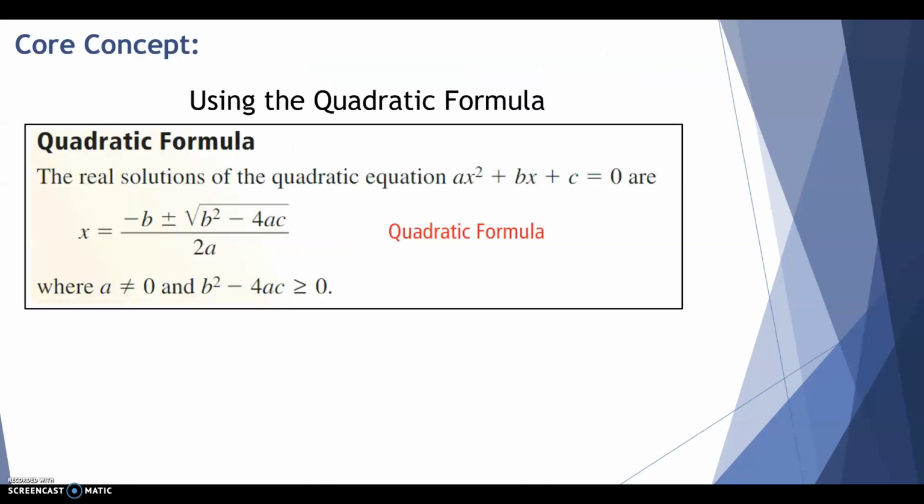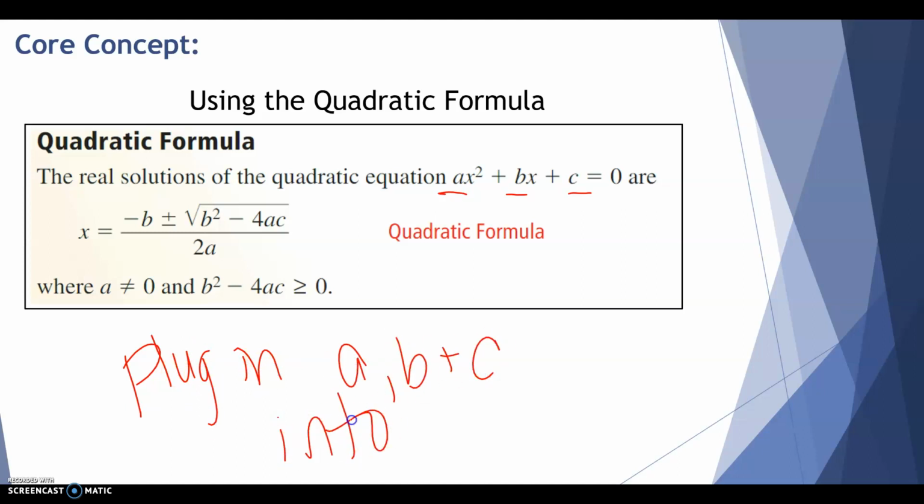It is x equals negative b plus or minus the square root of b squared minus 4ac, all divided by 2a. As you can see, you have your a, b, and your c, and all you would do is plug in a, b, and c into the formula.